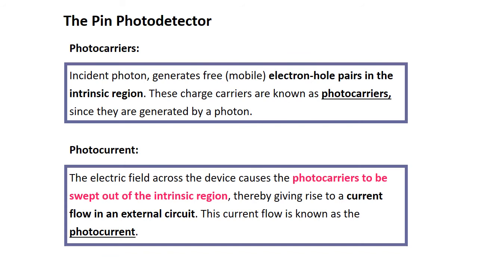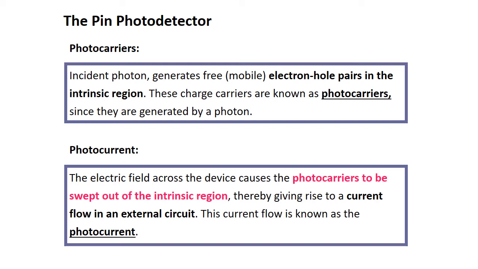Here the PIN photodetector involves two terms: photocarriers and photocurrent. Photocarriers means the incident photon generates free electron-hole pairs in the intrinsic region. These charge carriers are known as photocarriers since they are generated by photons.